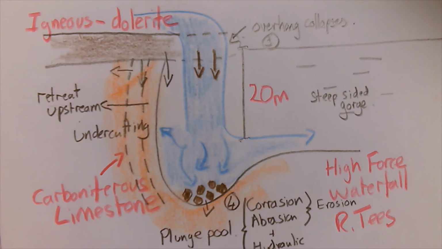How high is High Force waterfall? Please, Hisham. Sorry, Hashim. I'm always doing that. Hashim. Yes. Very good. 20 meters. And what can you tell me about the rock types that we might find at High Force? Farhan.